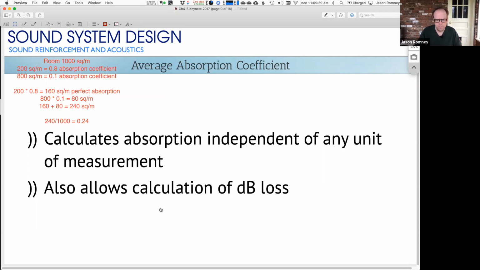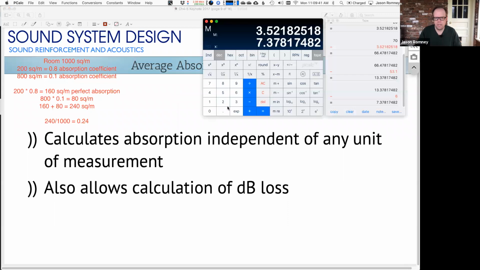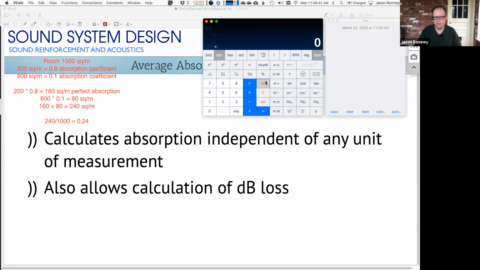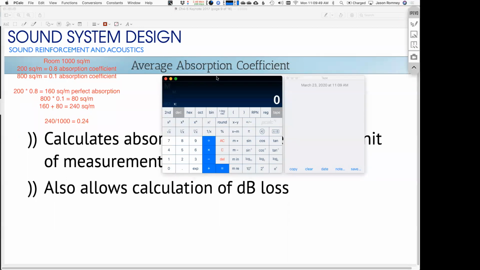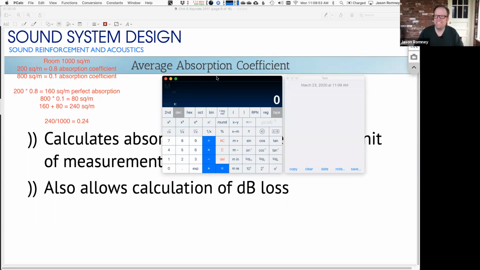So we could do a little bit of math here, and we would do 10 times the log as opposed to 20 because we're dealing with power. So if 20% gets absorbed, then 80% gets reflected.